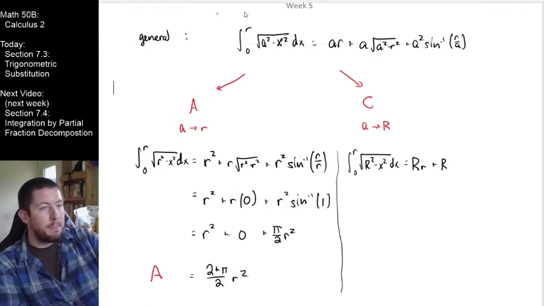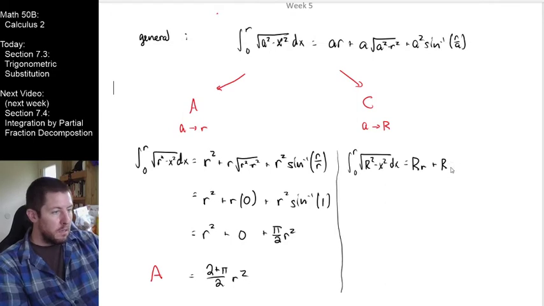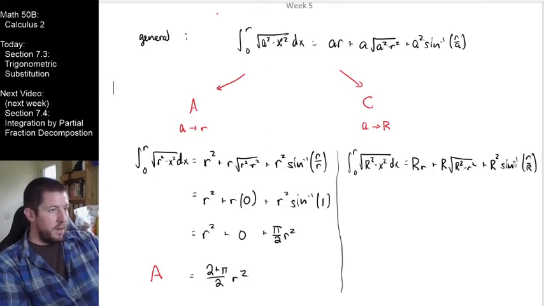This one's not going to collapse as nicely. In fact, I don't know if there's any simplification I'm actually doing on this guy except to acknowledge that there's a capital R in all those places.